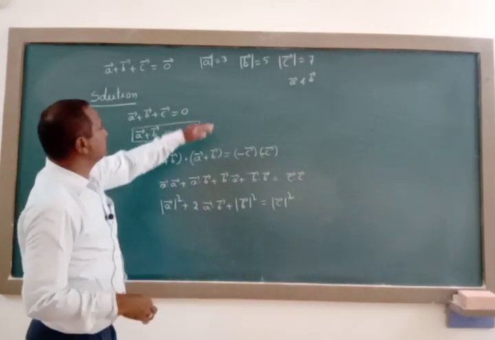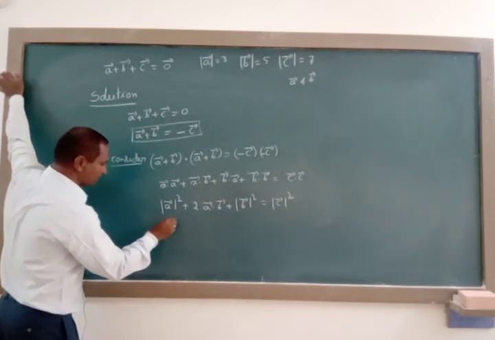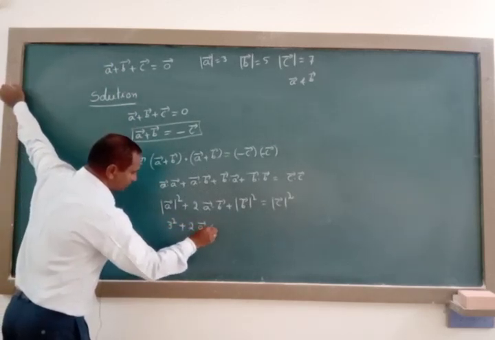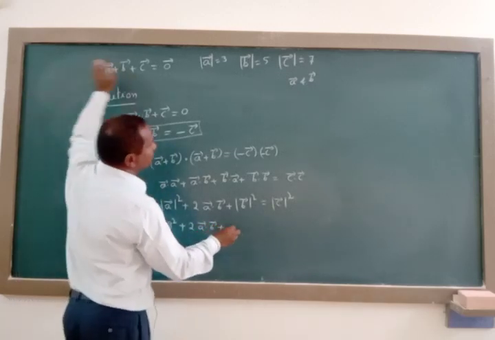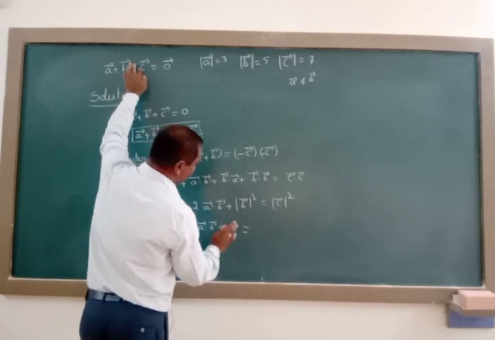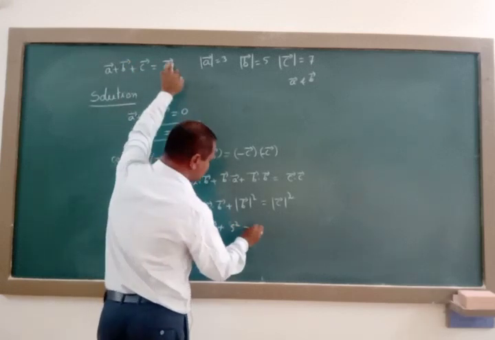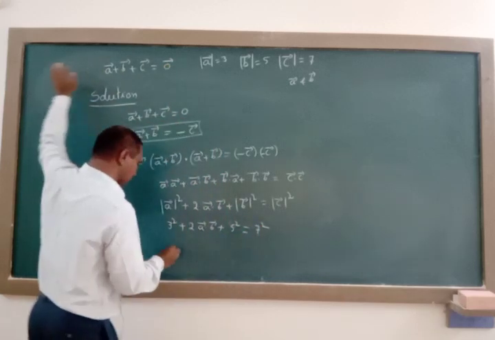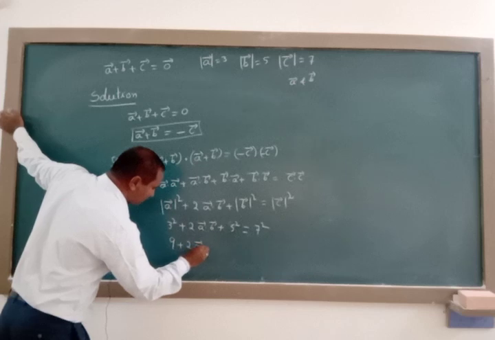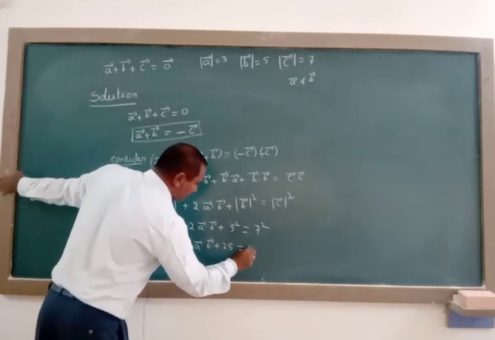Magnitude of a bar, already they gave the value, is 3 square, 2 a bar dot b bar, plus magnitude of b bar is 5 square, magnitude of c bar is 7 square. 9 plus 2 a bar dot b bar plus 25 is equal to 49.